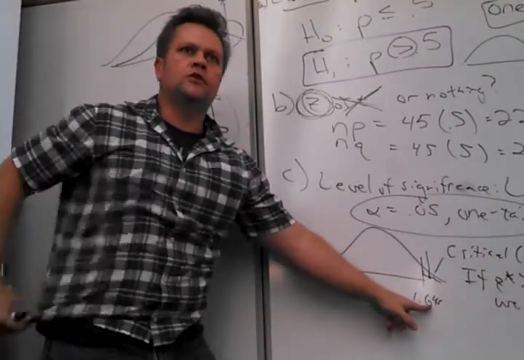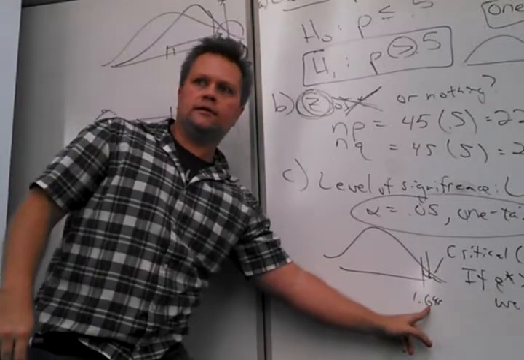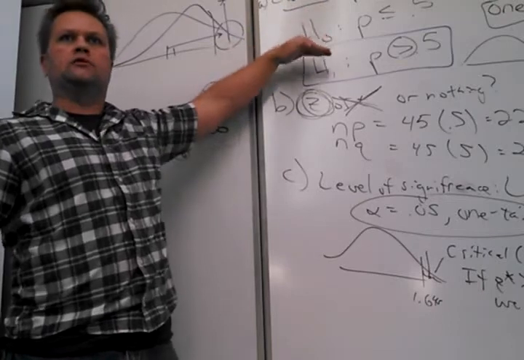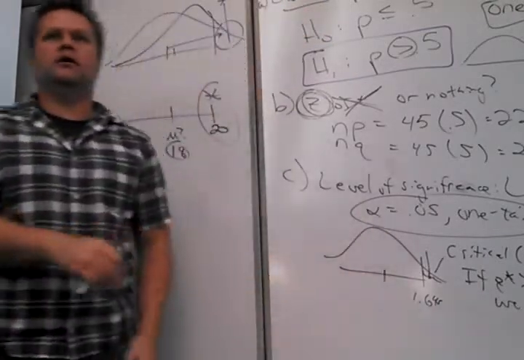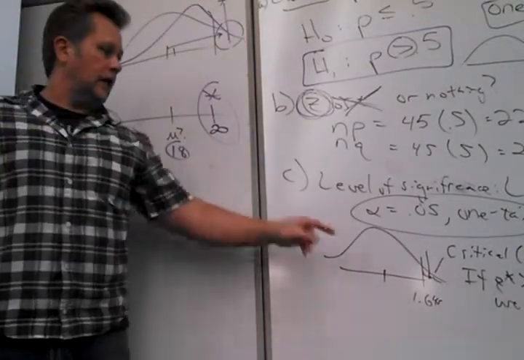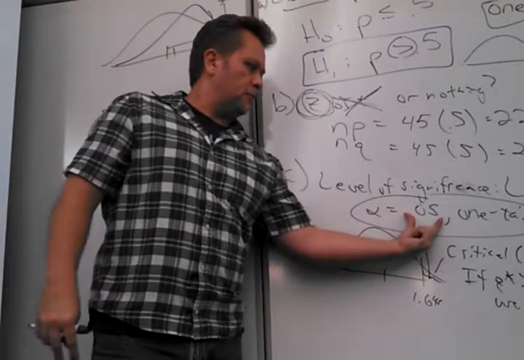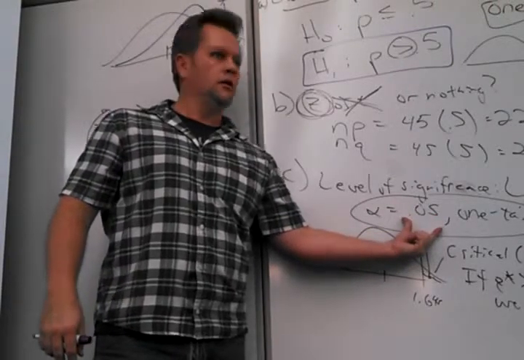I get this guy. So if I get a sample whose z-score is bigger than this, then I can say it looks like this guy's wrong. I can say it looks like this is right. Because again, the mean couldn't possibly be there. Then, in this case, what's the chances I make a mistake? There's actually too many mistakes I can make, but there's a 5% chance I make a certain type of error here, right?